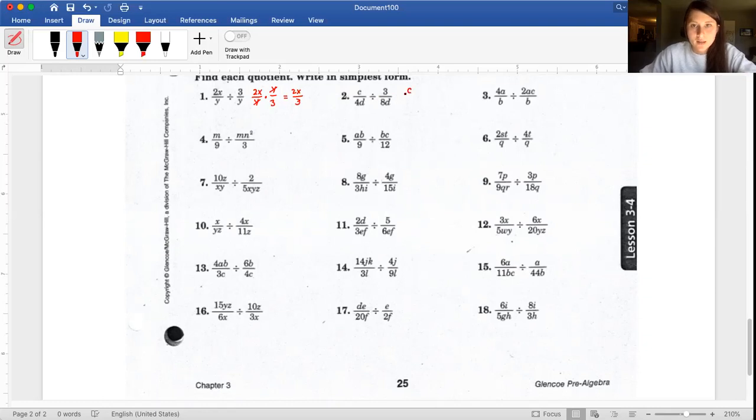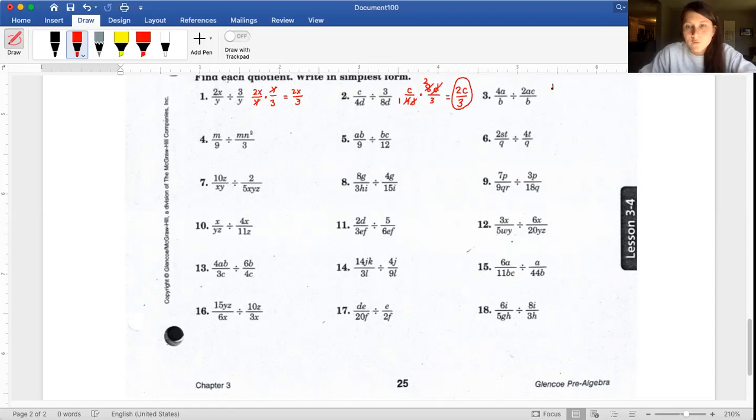So I've got c over 4d times 8d over 3. Now, I have d and d, cancel and cancel, and then 4 and 8. So simplify and simplify. So I have 2 times c over 3. Remember, we like to write our numbers first and then our letters. So I'm going to write this as 2c over 3. And that's my answer.